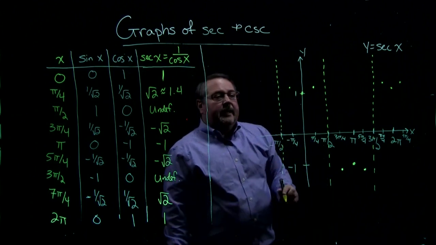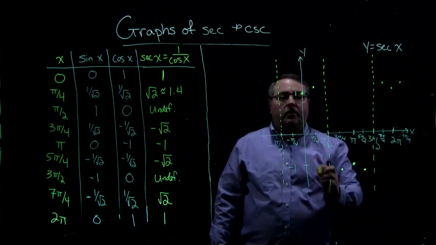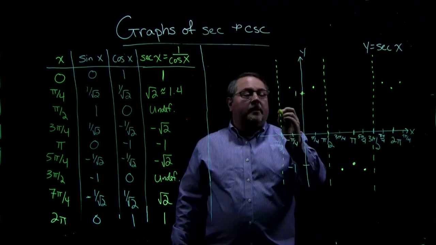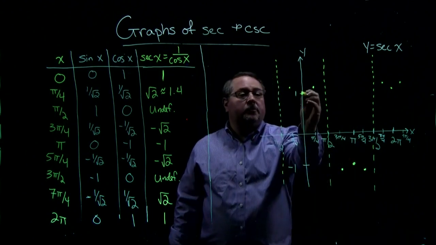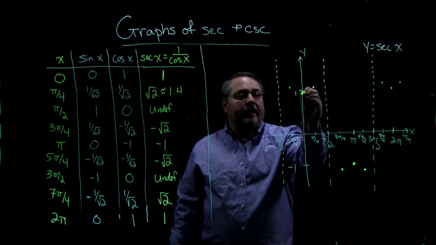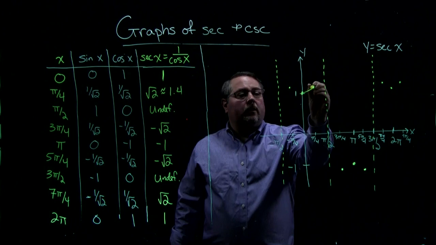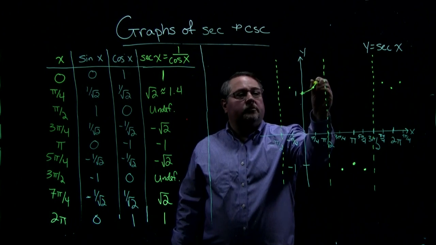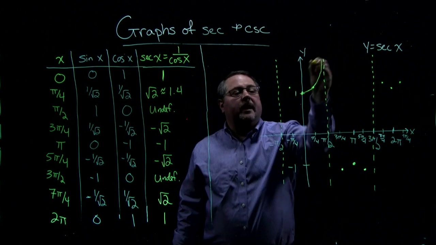Okay, so now if we connect the dots, we're going to see similar behavior to what we had with the tangent and cotangent graph, but now we're going to have turning around. We're going to have relative mins and maxes. So for example, if we start at x equals 0 and we increase x to pi over 2, our cosine values are going to be positive, and therefore the secant values are also going to be positive.